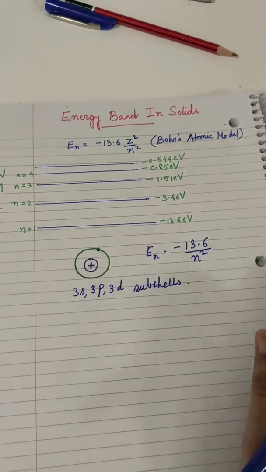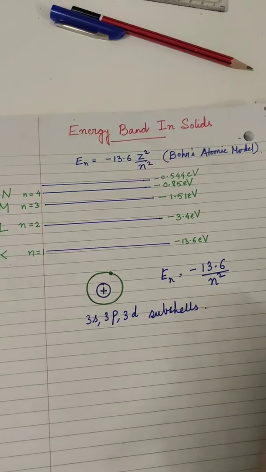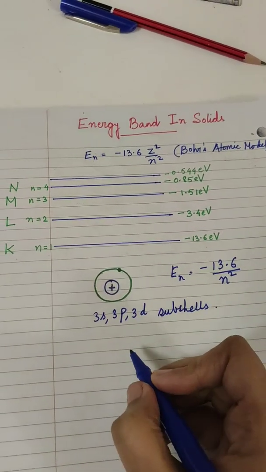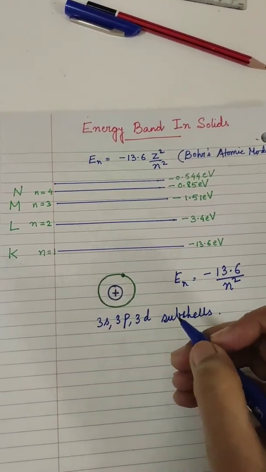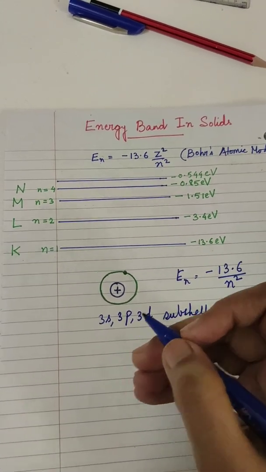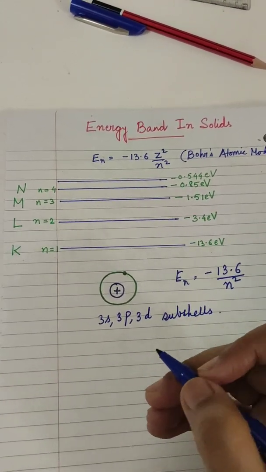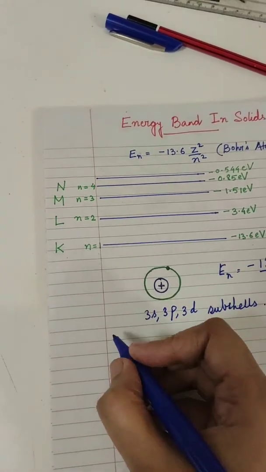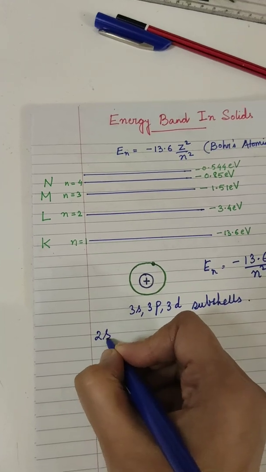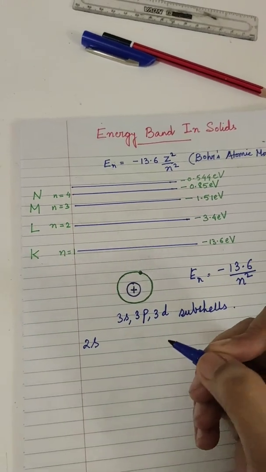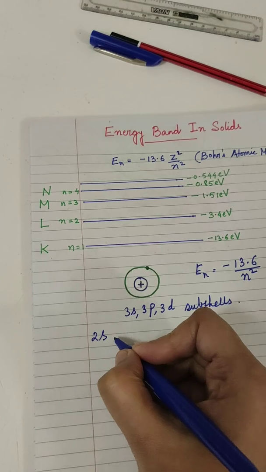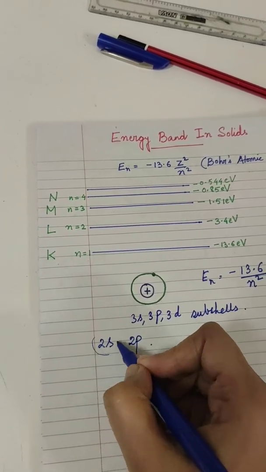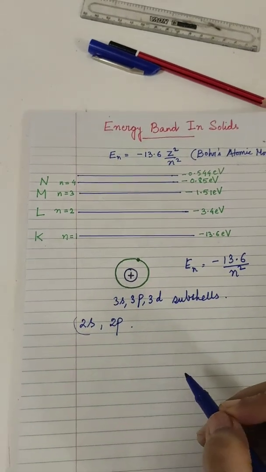But in a many electron atom, a system consisting of many electrons, there are electron-electron repulsions causing different subshells to be at different energies. For example, the 2s subshell will have different energy from the 2p subshell, because the 2s subshell is closer to the nucleus.